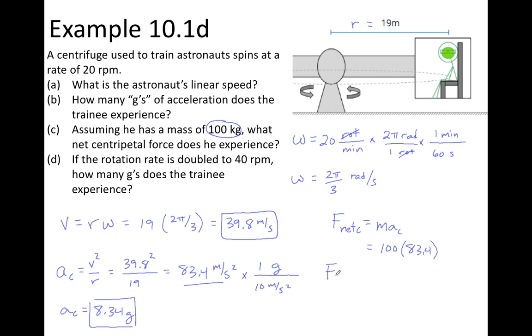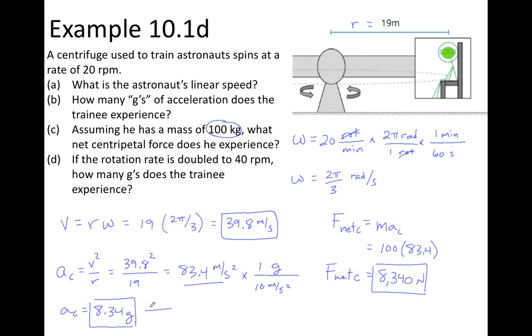And we end up getting 8,340 newtons. I would like to point out that this is much more than he normally weighs. He normally weighs 10 times 100, or 1,000 newtons. This is 8.34 times as heavy as he normally is.